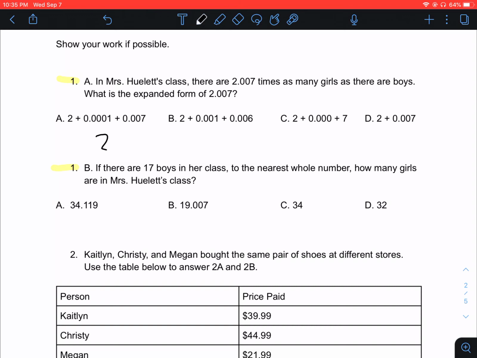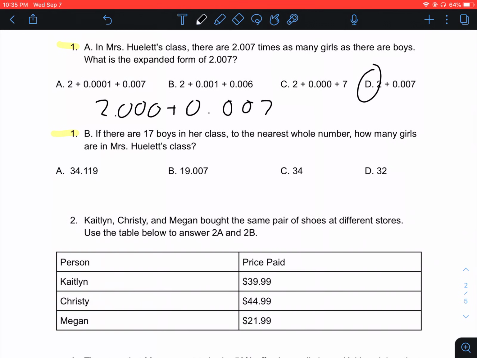We write the ones digit. And since there are 2 zeros for the tenths and hundredths, we're not going to write them, for it is unnecessary. But for this 7, we have to write it. So we put 0.007. And our only choice here looks like B.